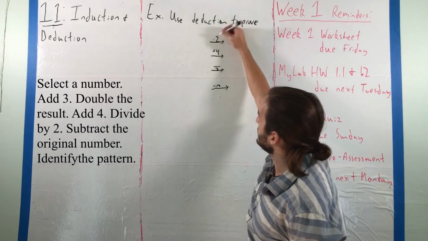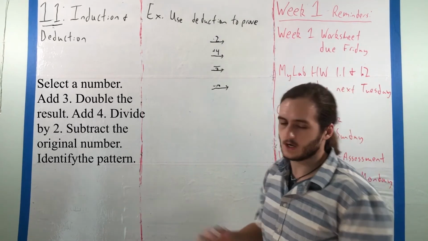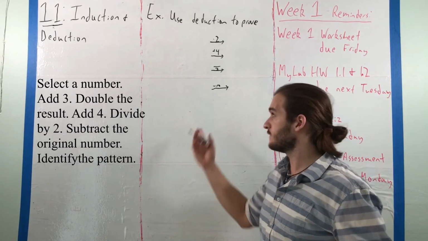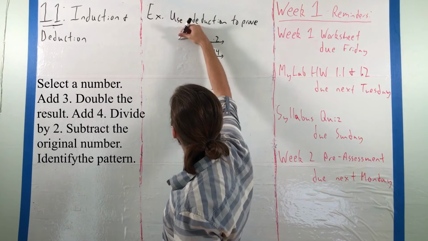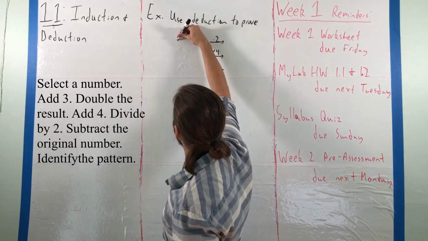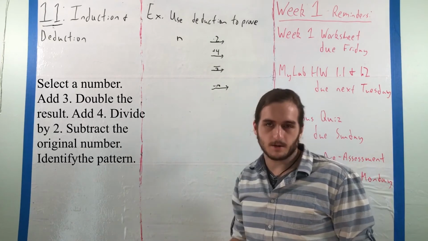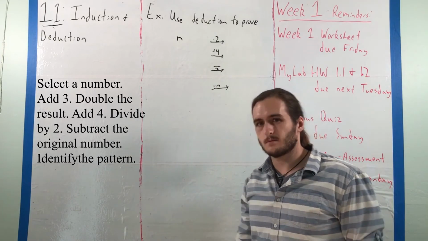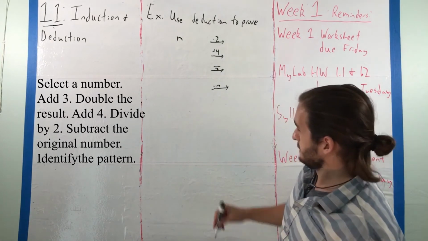If you want to prove something happens for any number, you need to plug in a general placeholder. You say, okay, I'll give you anything. You've got to give me back what I want. We'll just plug in n. N is the general placeholder when we want to plug in any natural number value. A natural number, I'll talk about that a bit more later, is the counting numbers 1, 2, 3, 4, 5, and so on.